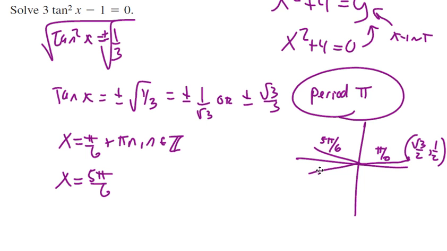So that's where that comes from: all I have to add is pi, and now I'm at one of my plus or minus 1 over radical 3. And same thing right here. If I'm at 5 pi over 6 and I add pi, you're going to be at 11 pi over 6. So this is why it's important to know what the period is, because we have to use that information now. So it's going to be pi n, where n is within the integers. Okay, so those would be our two final answers right there.